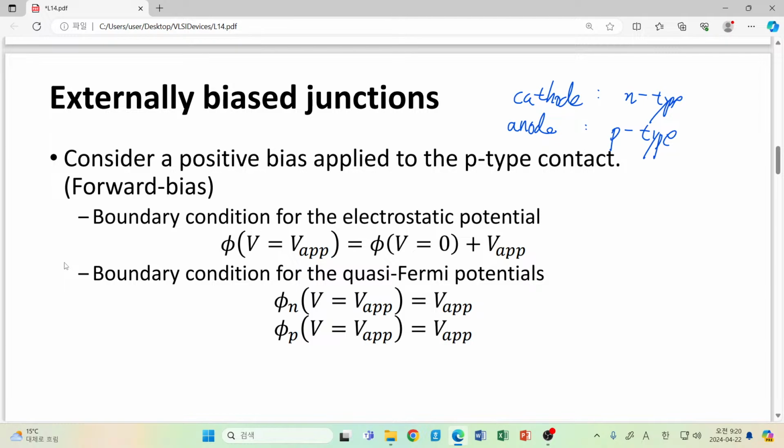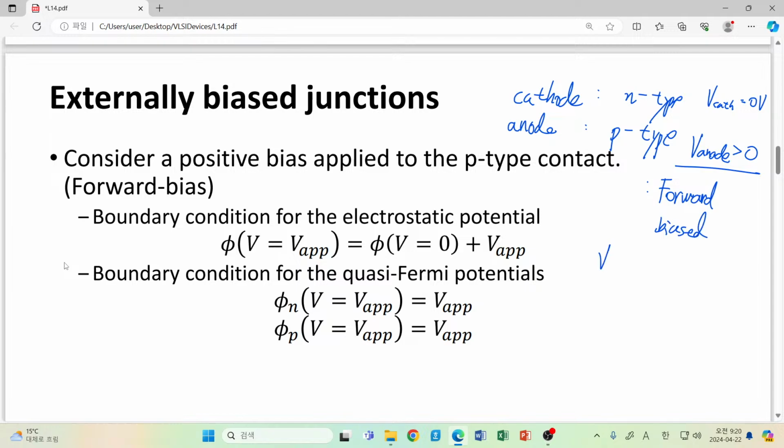If we say the cathode is grounded, for example, cathode equals 0 volt, then a positive anode voltage means the junction is forward biased.